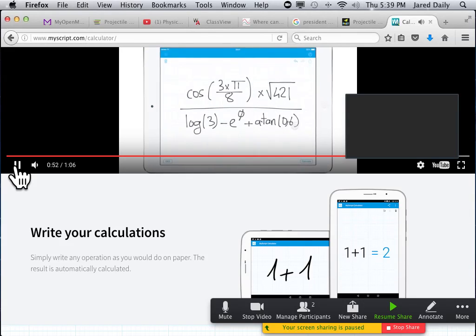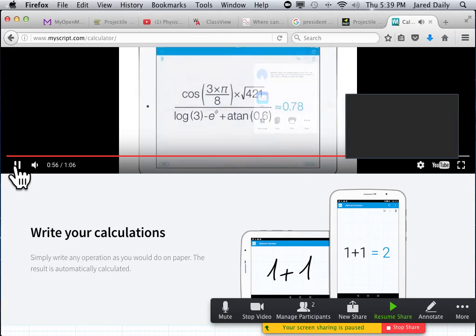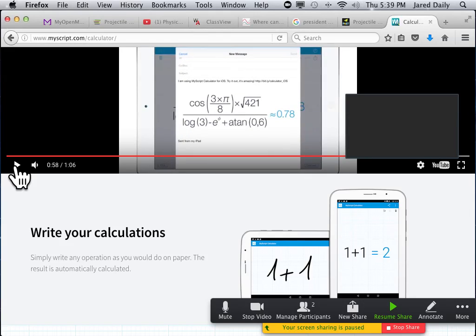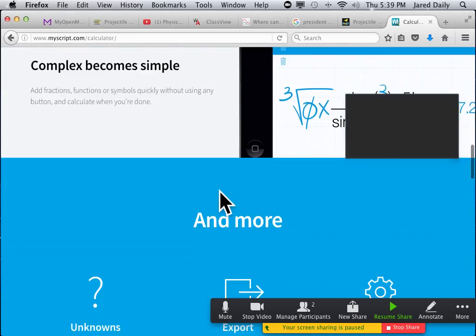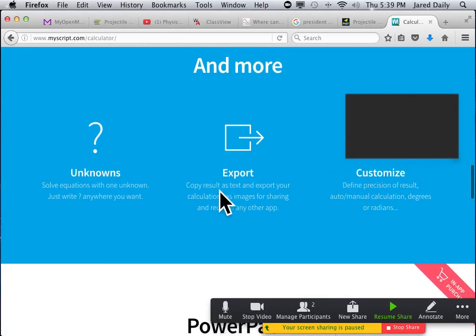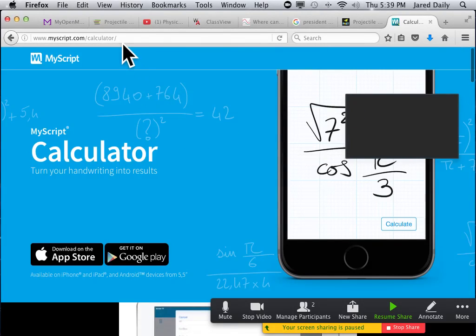And in this one, it's actually saved variables. It saved the variable phi, right? It can do all kinds of crazy stuff.